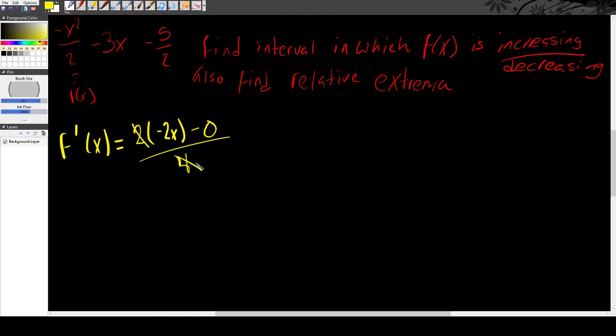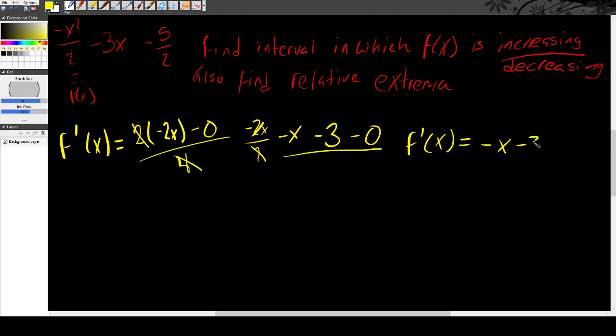These will cancel, so it's just negative 2x over 2, which cancels, so it's just negative x minus 3 minus 0. So f prime of x equals negative x minus 3. Negative x minus 3 equals 0, so x has to be equal to negative 3.